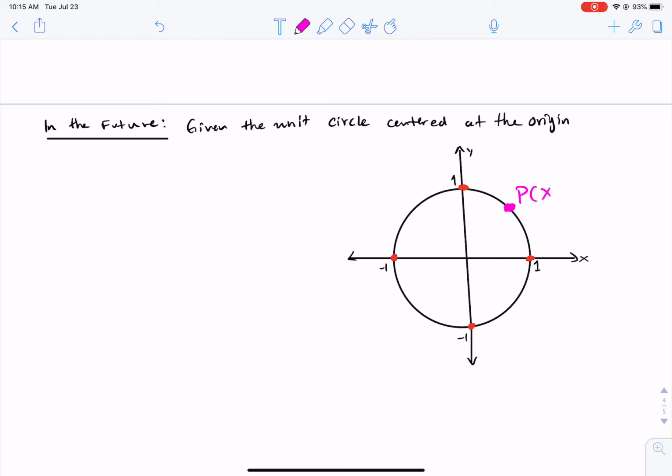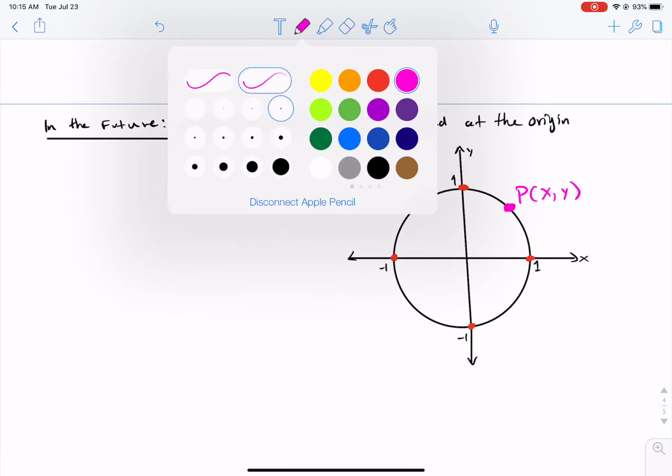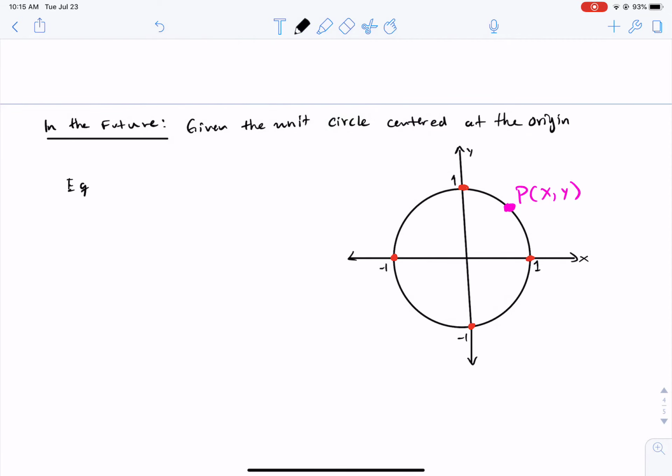This will be a point having two specific coordinates, an x coordinate and a y coordinate. What will be the equation for this circle? So we learned about circles before, right? What is the general formula for a circle?